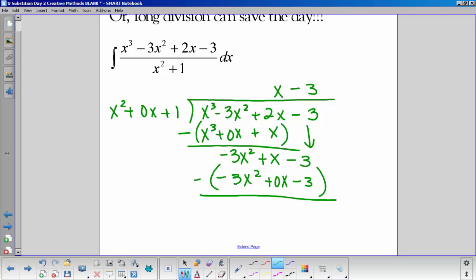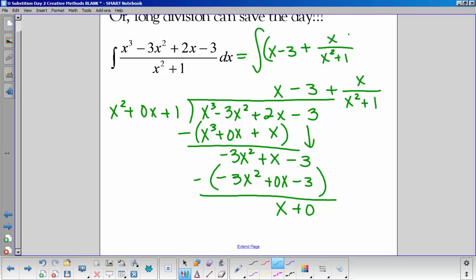And then I get x minus 0x. So I get x. Negative 3 plus 3 is 0. So this is going to be a plus x over x squared plus 1.